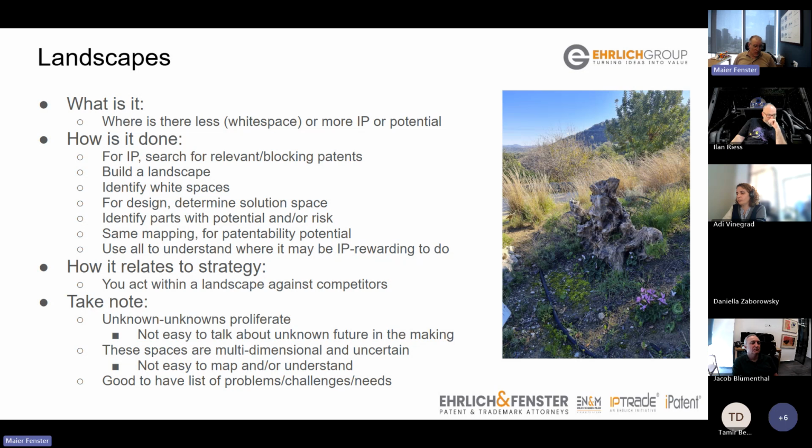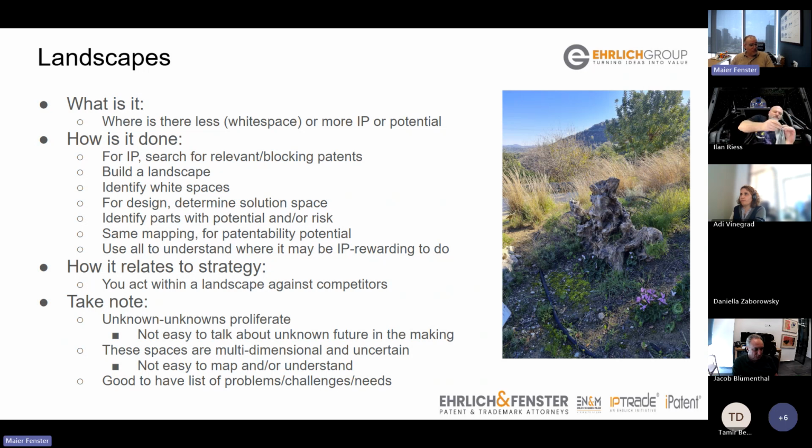In general, when you talk about strategy works in a landscape. Now, unlike the real world where it's difficult to change the landscape, in the patent world, you can file a patent and that could change the landscape. But you and the competitors are competing inside some sort of existing landscape. And it's not easy to do it because we're talking about the future and about technologies that don't exist.